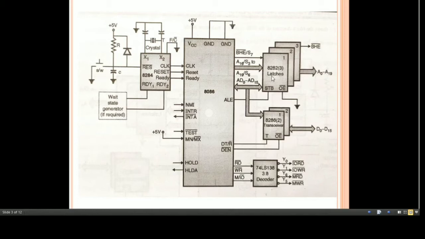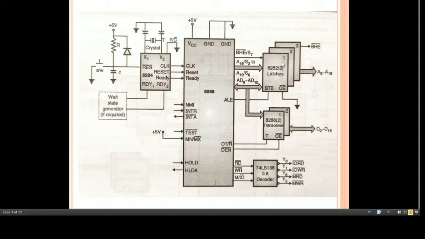For that purpose, latches are used in this minimum mode configuration. If a 16-bit address is used, then we require 2 latches, and if the full 20-bit address is used, then 3 latches are required. These latches provide increased output drive capacity.